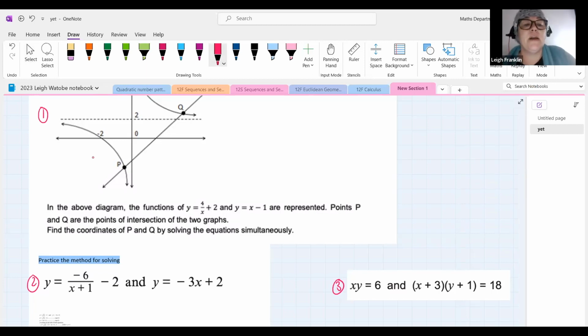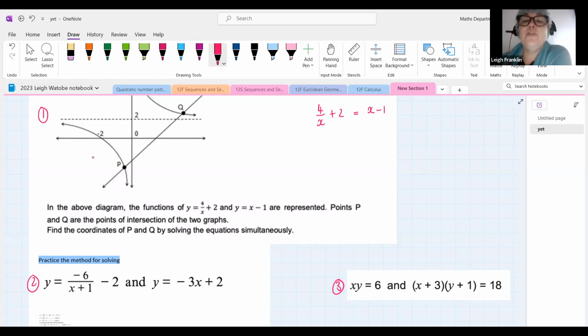What we should have done here is equated 4 over x plus 2 with x minus 1. Again, just have a look at your working now.